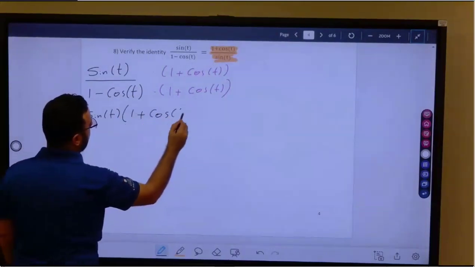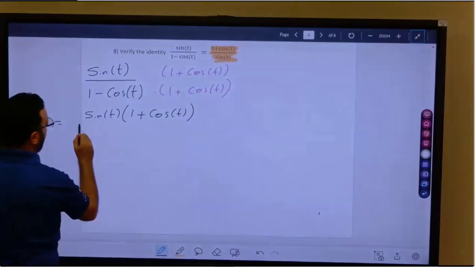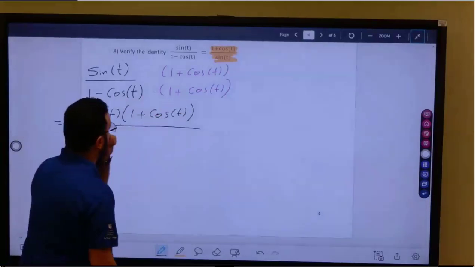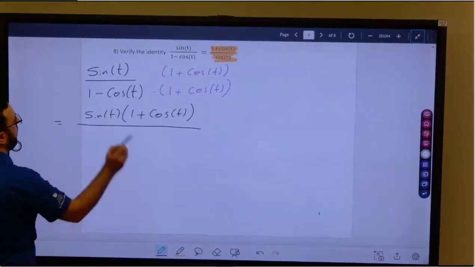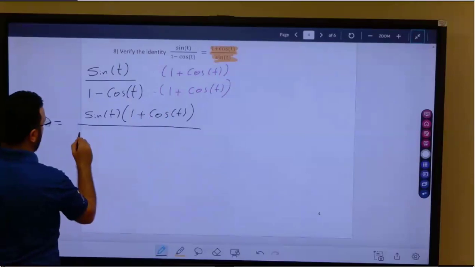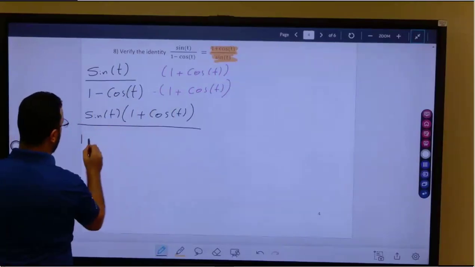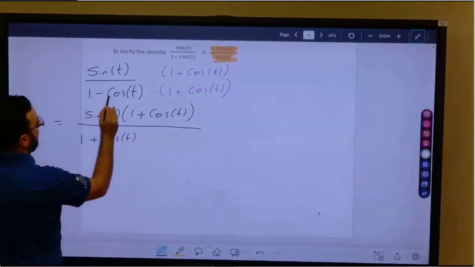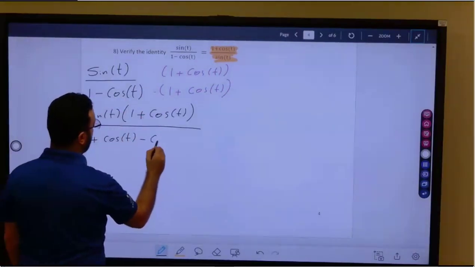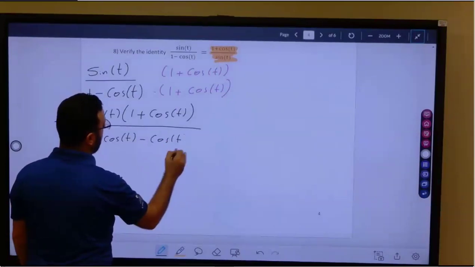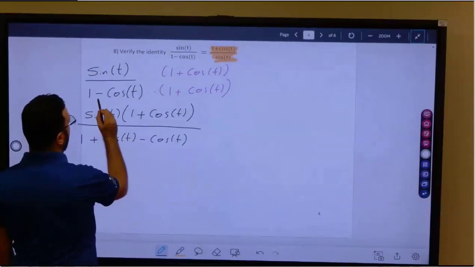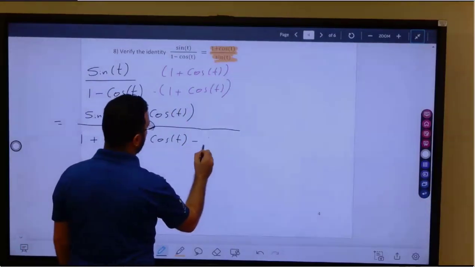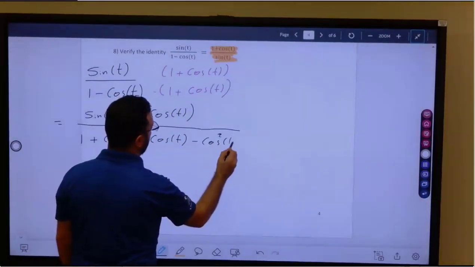And 1 plus cosine t over, I have two parentheses here, and I need to distribute these two parentheses. So 1 times 1 is 1. 1 times cosine t is plus cosine t. Negative cosine t times 1, so minus cosine t. Negative cosine times cosine, so minus cosine squared t.